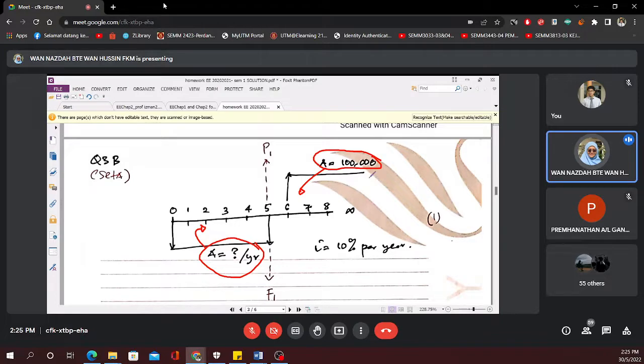Since this situation happens infinitely, you need to determine the P. So what is the formula for P? P equals to A over I, am I correct?